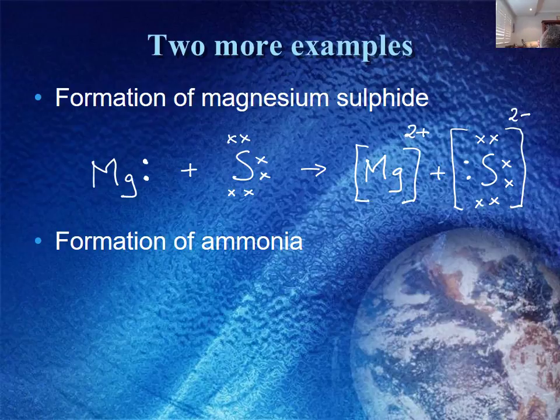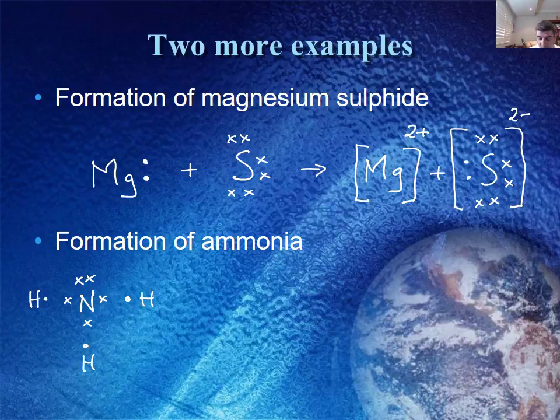Ammonia, on the other hand, is a compound formed between nitrogen and hydrogen. The formation has 5 electrons around the nitrogen, and there's obviously 1 around each in the outer shell of each hydrogen.